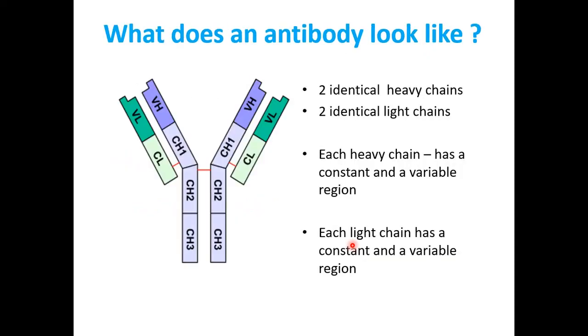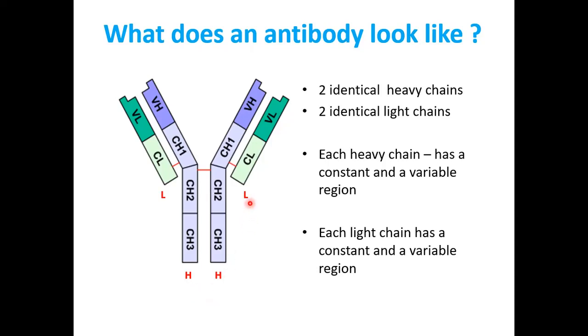So what does the antibody look like? Let's now study the basic structure of the antibody in detail. It consists of four polypeptide chains, two identical heavy and two identical light chains. The heavy chains are designated as H and the light chains are designated as L chains.